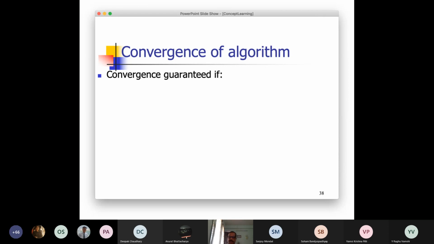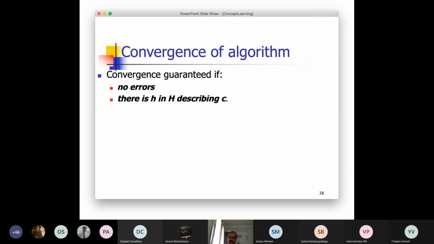The convergence of this algorithm is guaranteed if, first, there is no error in the training sample, and second, which is also very important, there has to be a target function in the form of a hypothesis.